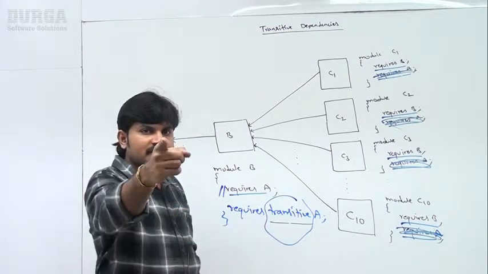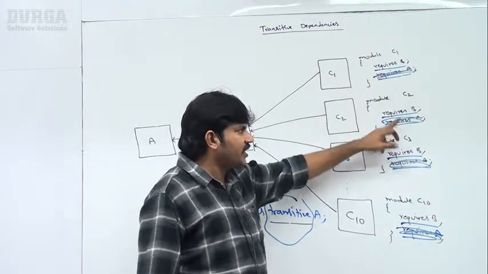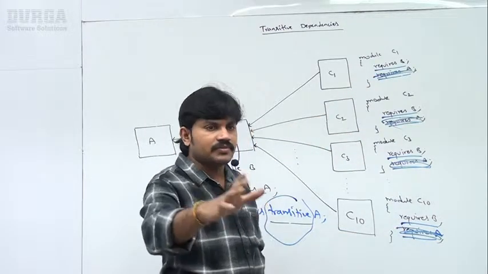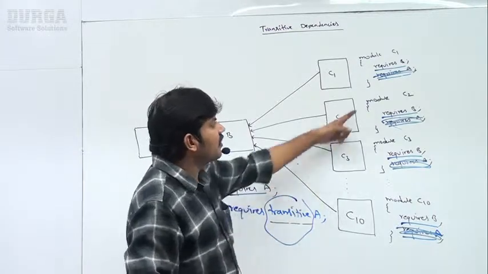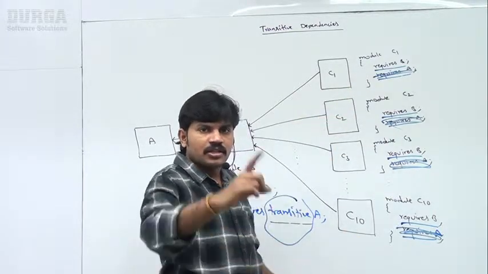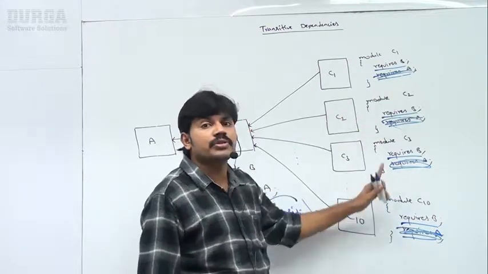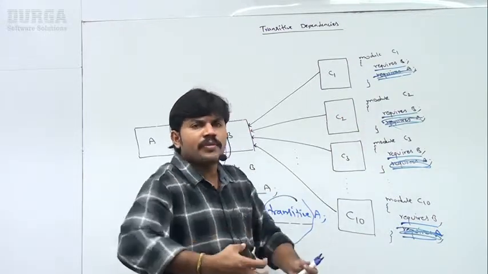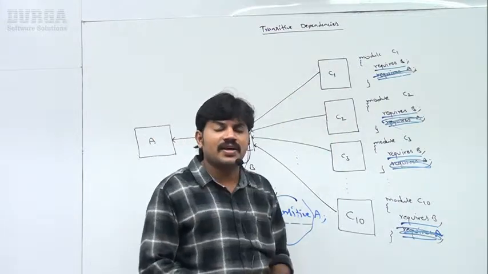Sir, are you seeing? If transitive is not there, how many times do I have to use requires A? 10 times. If I am using the transitive keyword, then we are not required to use it 10 times. So, the biggest advantage of the transitive keyword is code reusability. Automatically, this module will be available to the next level.